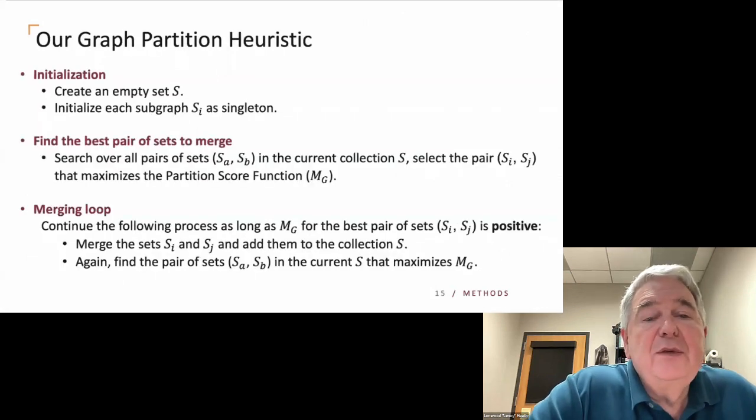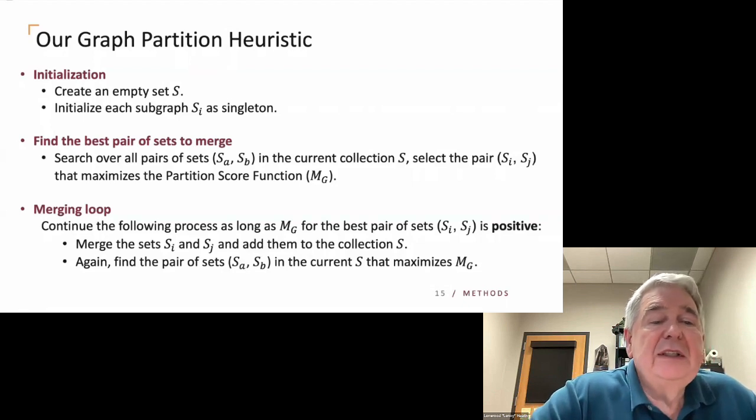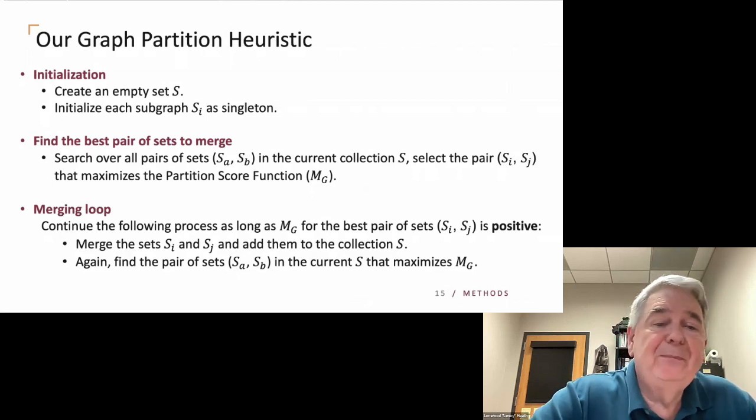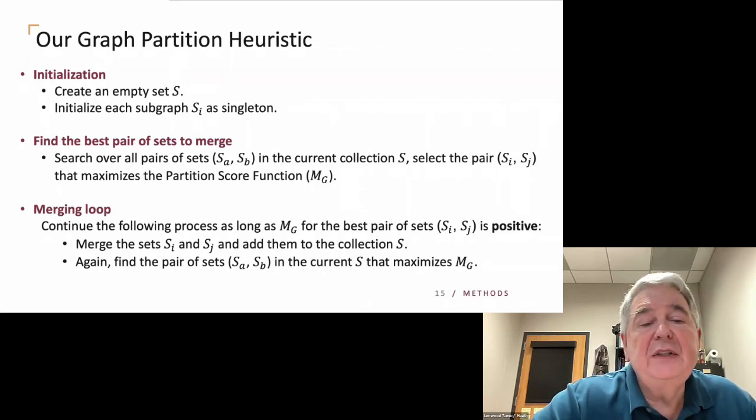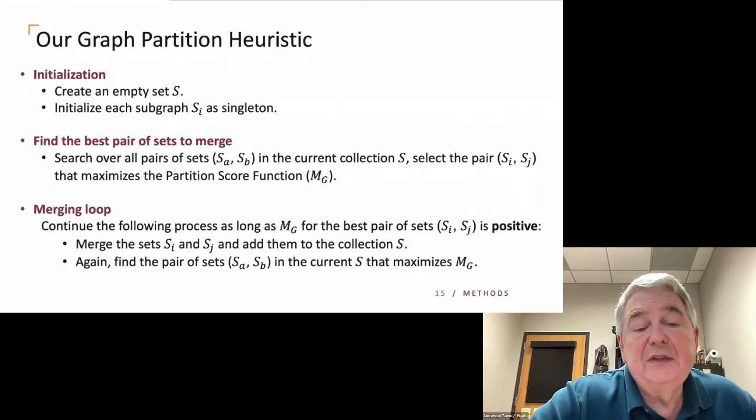And then we go through this greedy heuristic. We initially set each subgraph as a singleton individual. At each iteration, we look at pairs of sets that we currently have in our collection, compute the partition score function, and choose the pair that gives the maximum partition score.